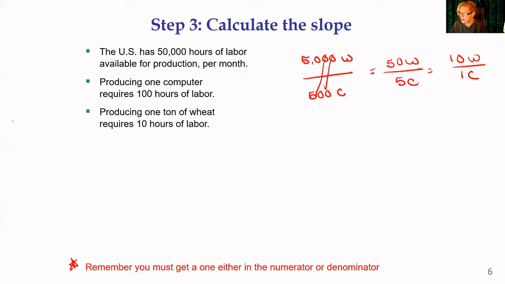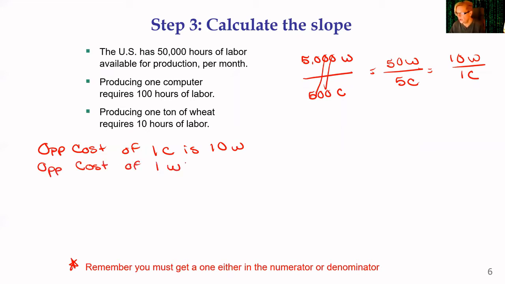I have a 1, so I'm going to represent the opportunity cost. The opportunity cost of 1 computer is 10 wheat. What does that mean? Every time I produce 1 computer, I give up 10 wheat. And the opportunity cost of 1 wheat is, take the reciprocal of this number, 1/10 of a computer.